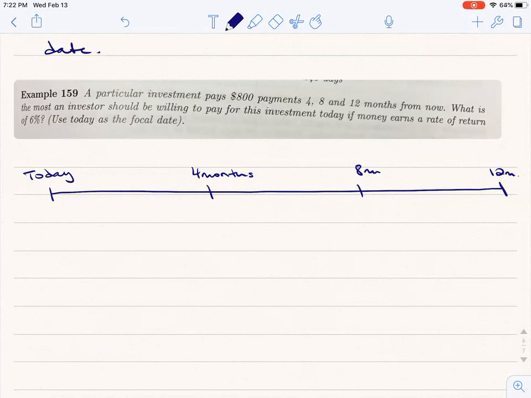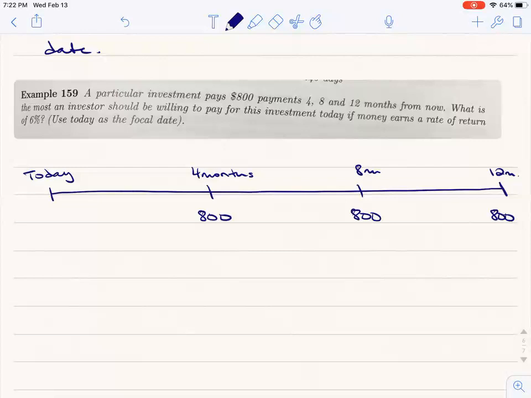Okay. So if we get $800 at 4 months, at 8 months, and at 12 months, all these values are going to get drawn back to some value today. Think about this though.